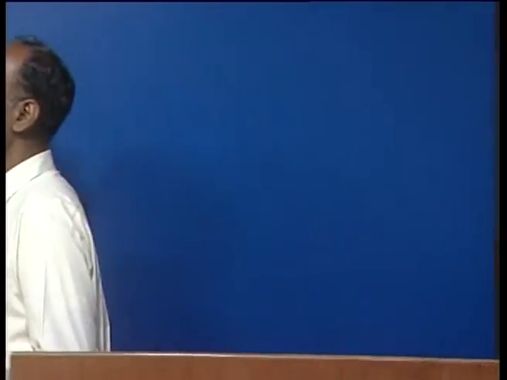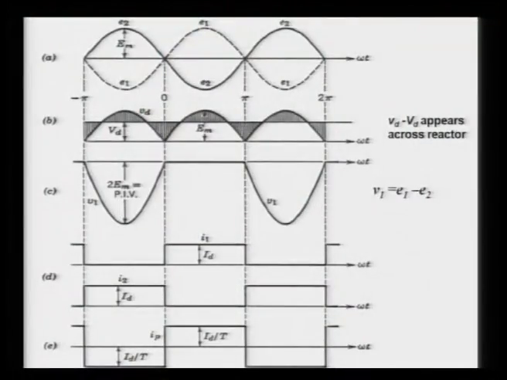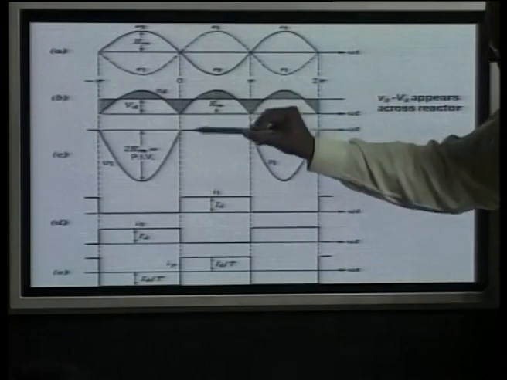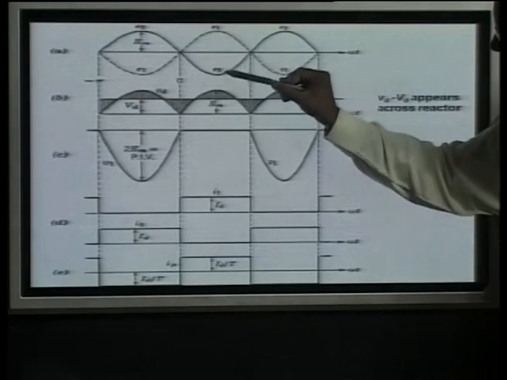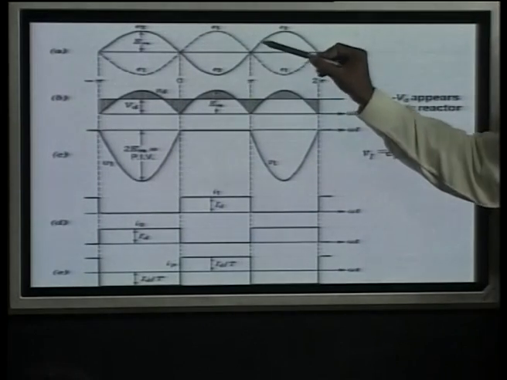Now, in this diagram E1 is positive here, with the 0 axis taken here, or you can take it anywhere. E1 is positive, but E2 is 180 degrees out of phase. So, E1 is varying and E2 is varying.